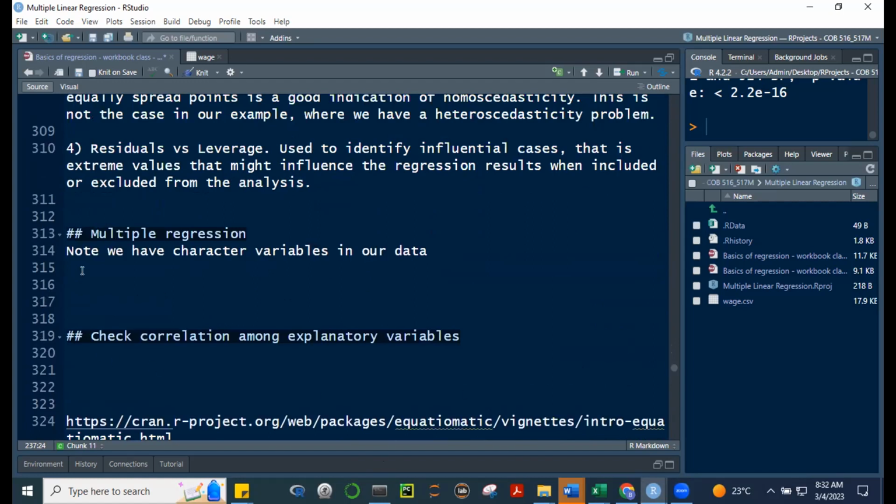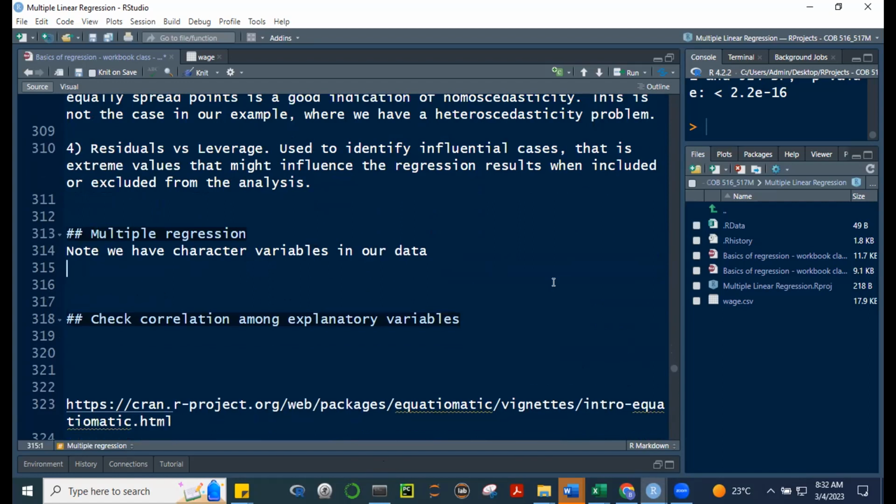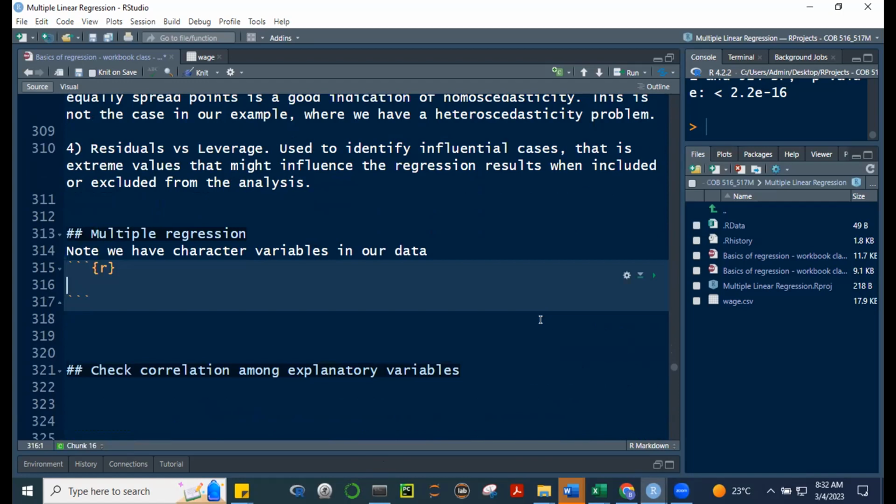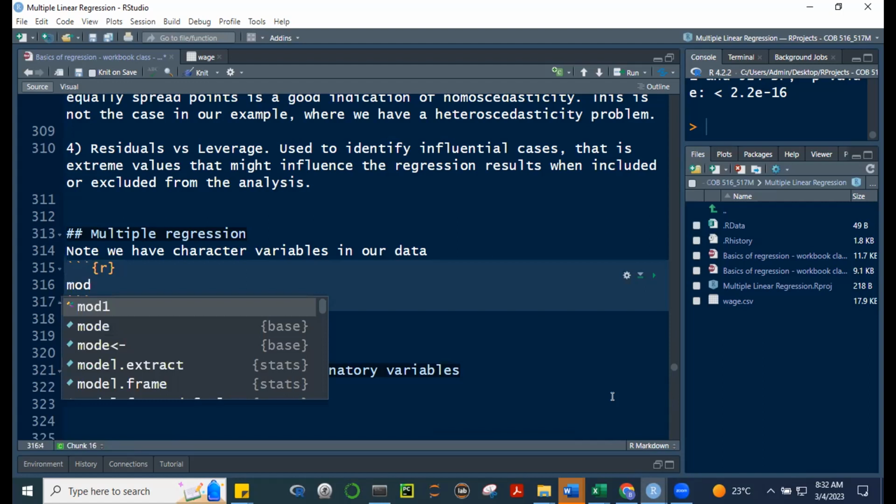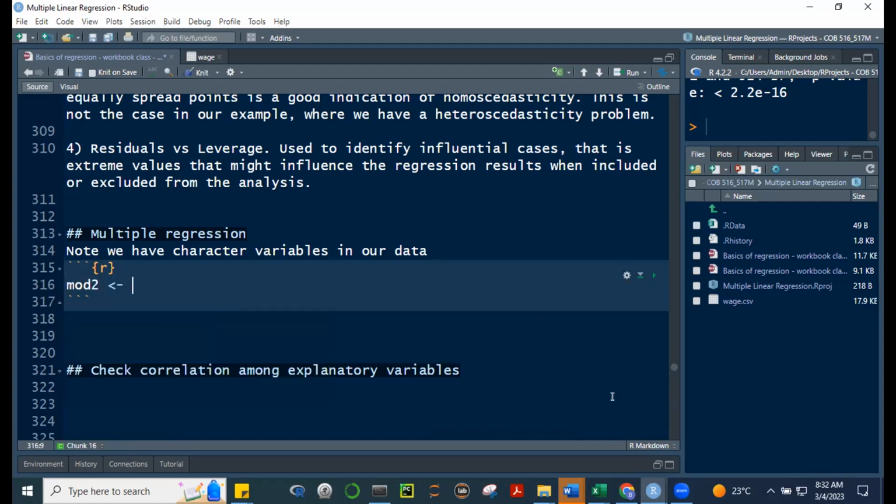Okay, multiple regression. Dito tayo. Check correlation. We have already done that. So Control Alt I. Let's now create our second model. Let me call it model 2, Alt minus, is equal to linear model. Hourly wage regressed on.